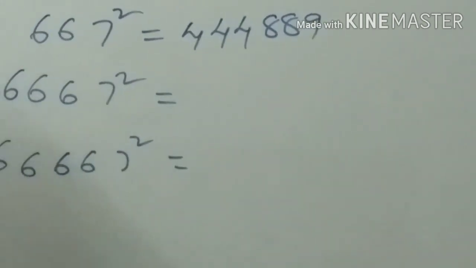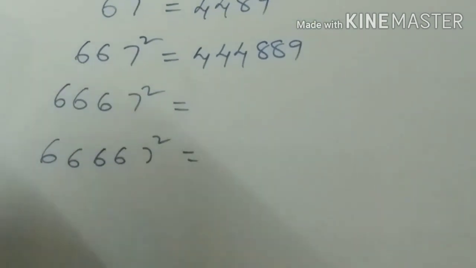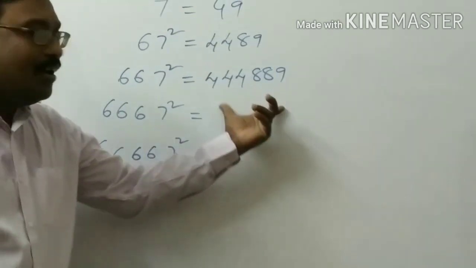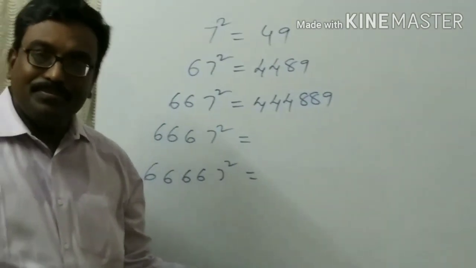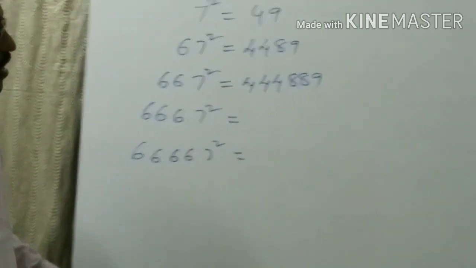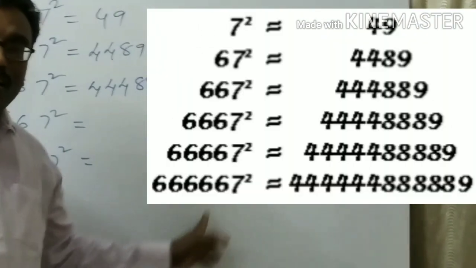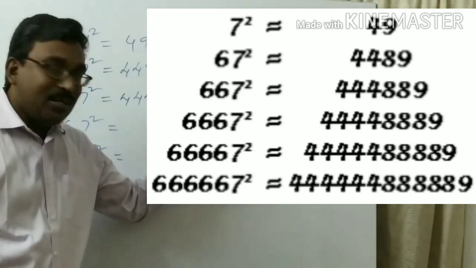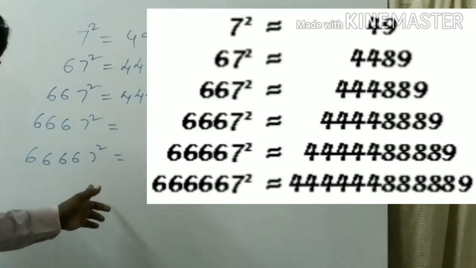Like this, for some 4 to 5 numbers, 4 to 5 rows, if you go, then you will understand the remaining patterns. Just try. Yes, here is our result. You can compare the result with your answers.